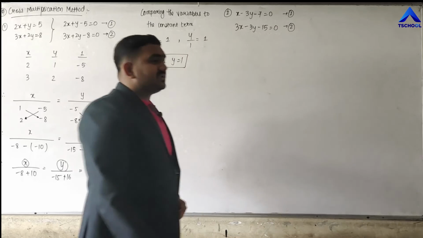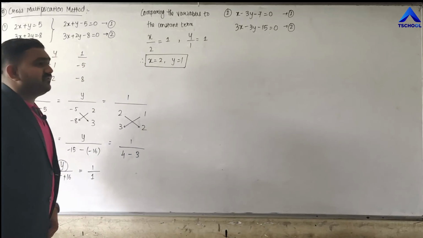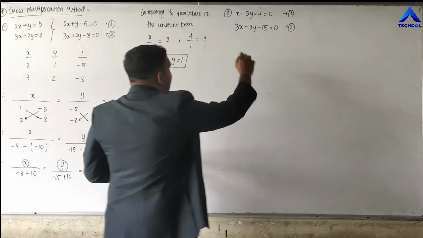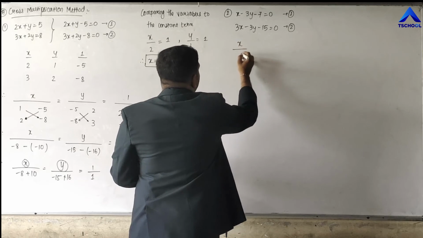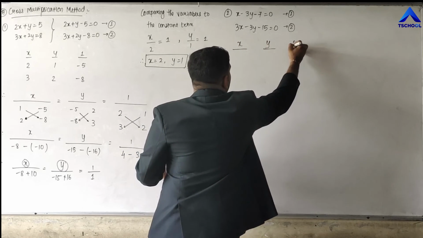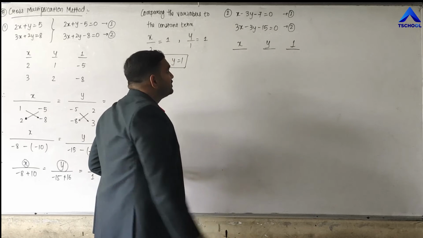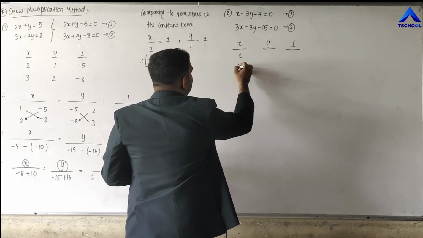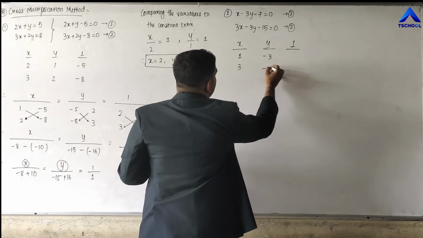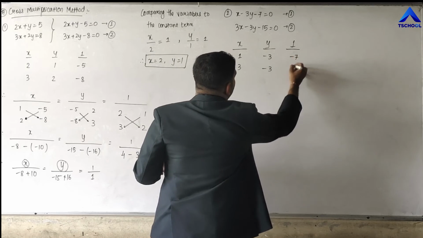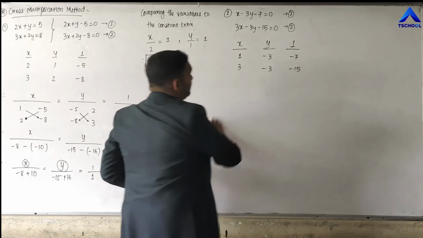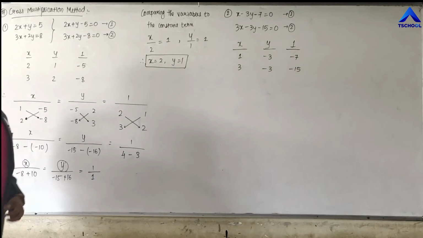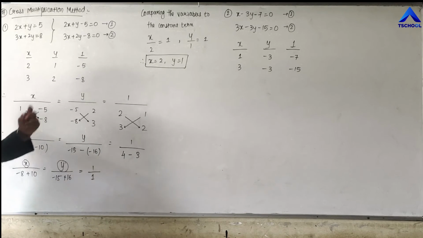Now what we shall do is take out the coefficients of x, y and the constant terms. So that is 1, minus 3, minus 7 and 3, minus 3, minus 15. Is it clear? So we have these coefficients here.